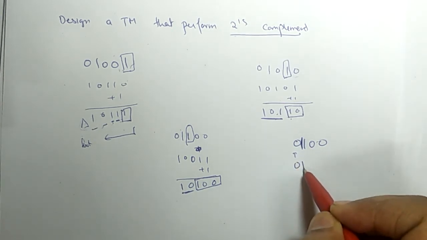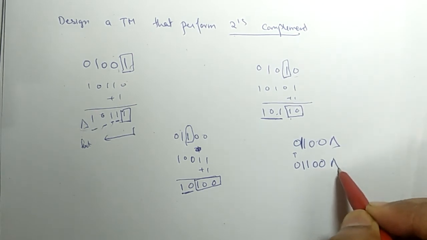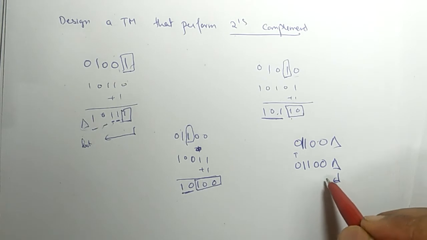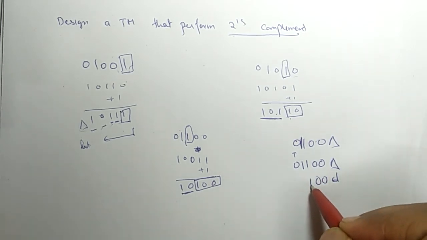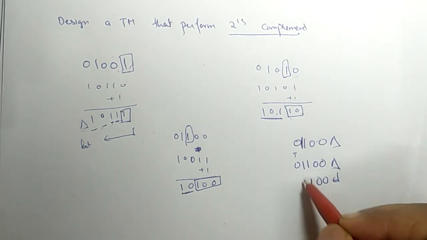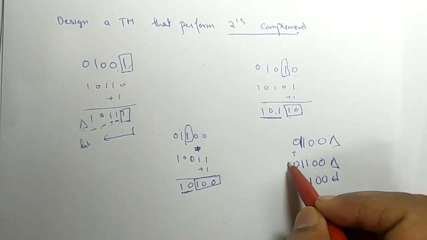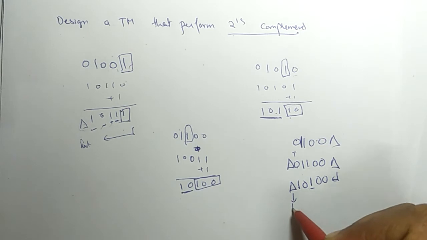First we move to the right hand side, there is a blank, and from this direction we try to find the very first one, so we leave 0 as 0 and 1 as 1, and this one confirms that we got the first one. Now after that if we get 1, we have to convert it to 0 and 0 to 1, and at the blank on this side we will halt.